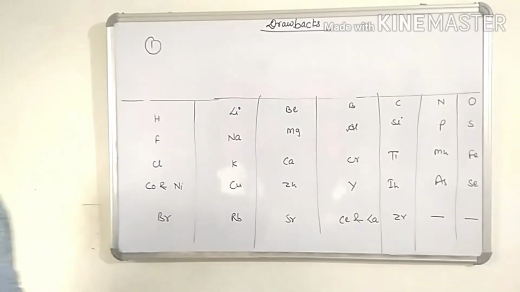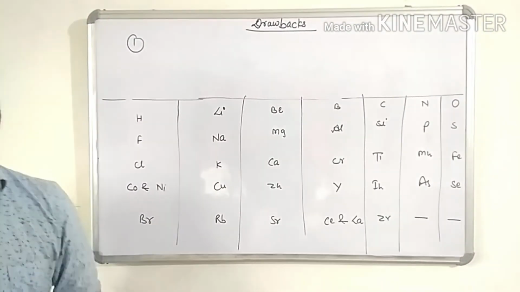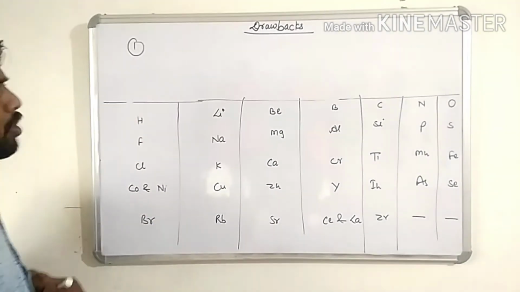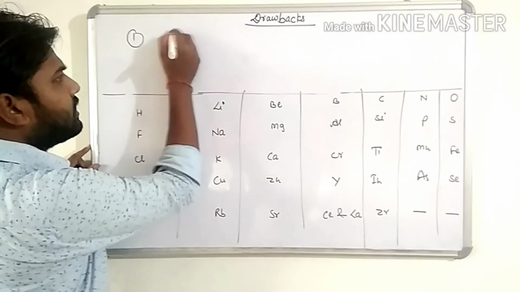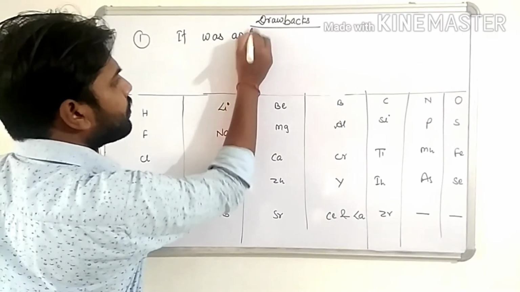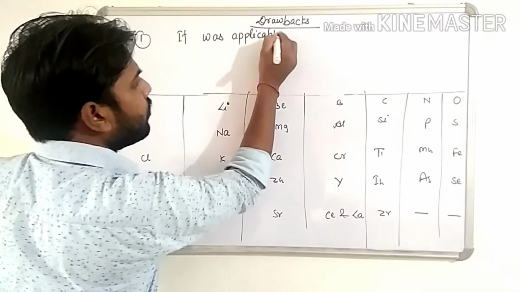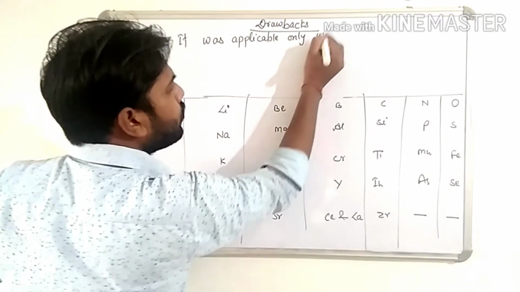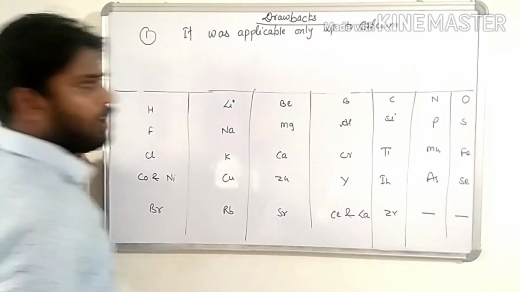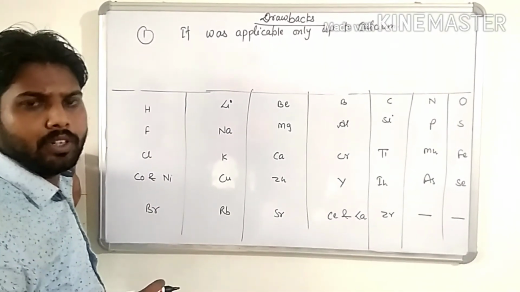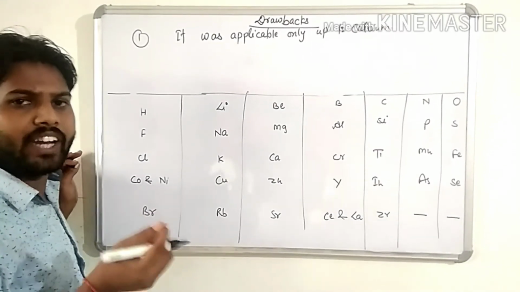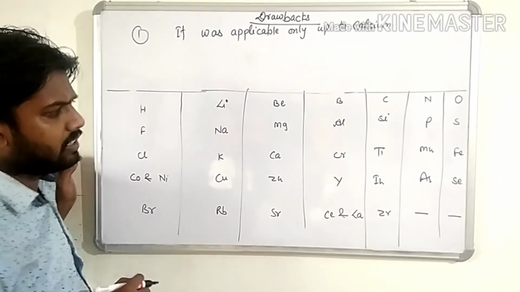Now children, we will see the drawbacks of Newlands' law of octaves. His first drawback was that this table was applicable only up to calcium. It means after calcium, the properties of the eighth element were not similar to that of the first element. Let's see, children.